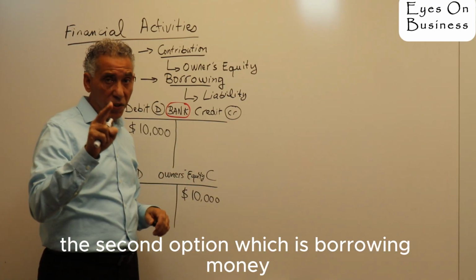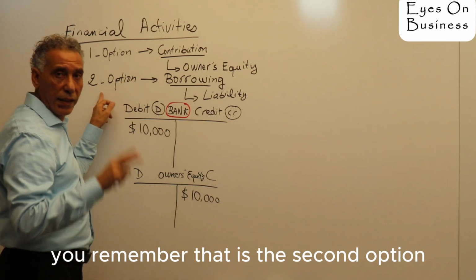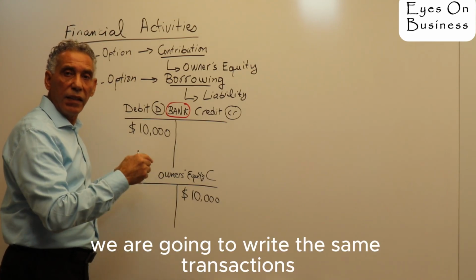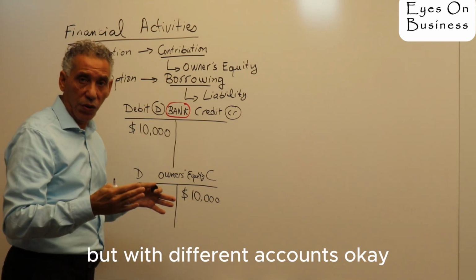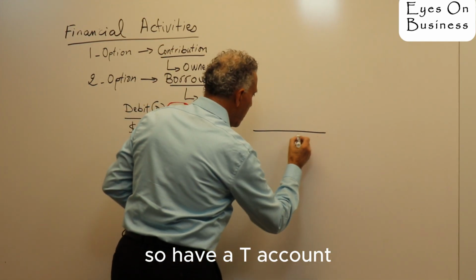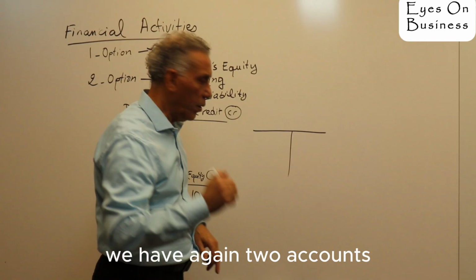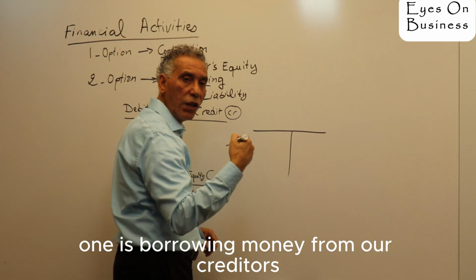The second option, which is borrowing money, you remember? That is the second option. We are going to write the same transactions but with different accounts. So have a T account. We have again two accounts. One is borrowing money from our creditors.